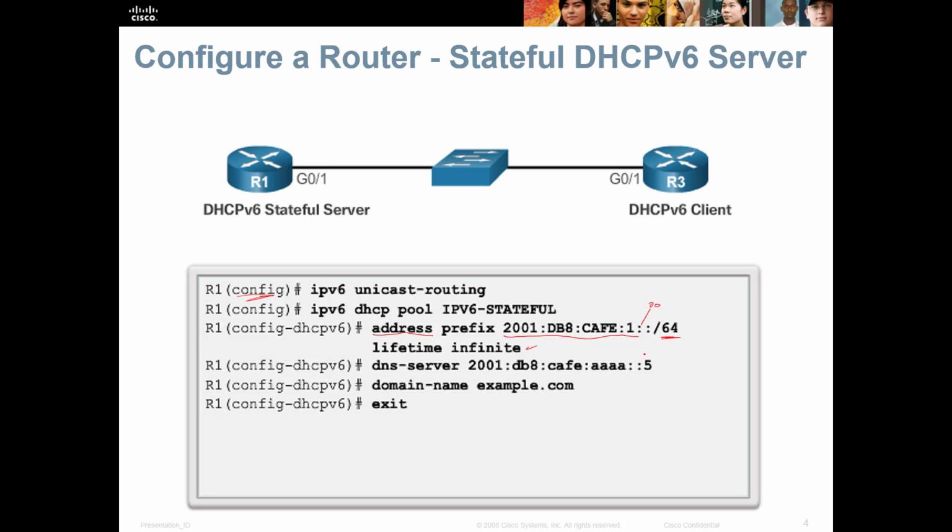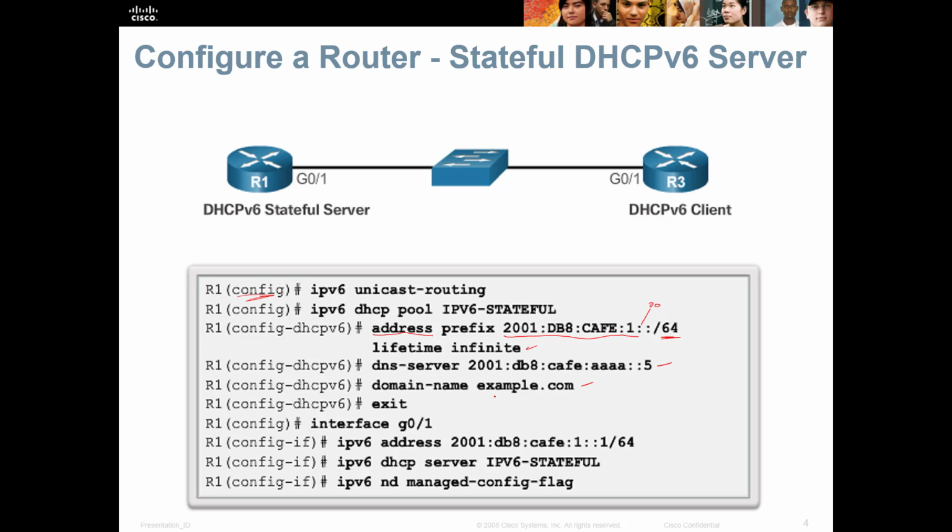Here's that other information, just like we had before, and we get out of that. So we've gone to the DHCP, now the V6 version of that, and figured out what information we're going to give or start with for stateful address presentation.